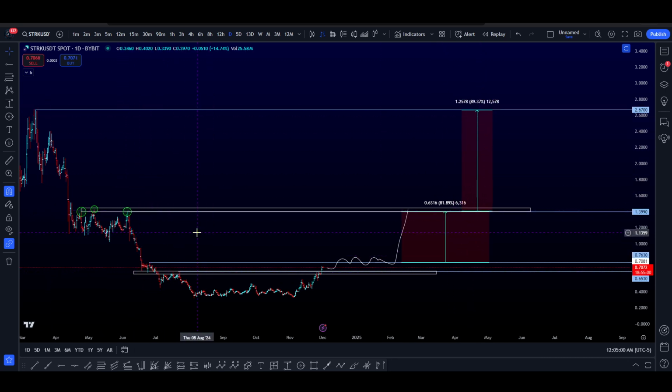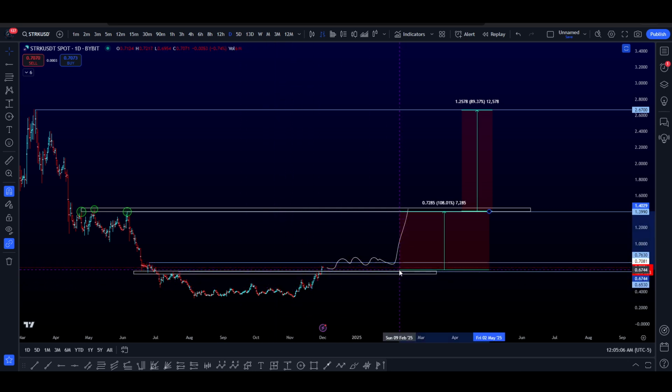Isn't that quite interesting, right? So after we flip this next major level into support, you're looking at anywhere between 85 to 110%. Same thing happens here. Flip this into support, you're looking at about 90%. So almost a double up every single time a level is flipped into support to the next resistance, right?